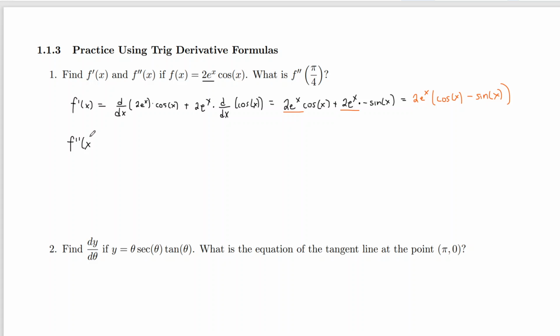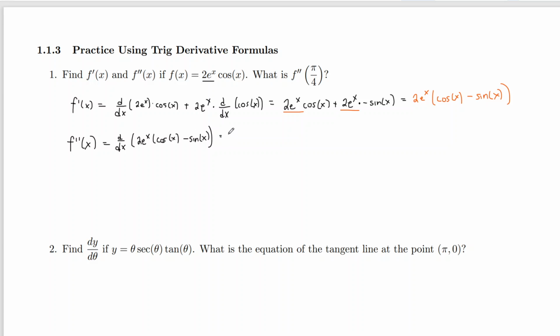That's what we want to do. Notice we want to do the derivative of the first derivative there. Let me go ahead and just write it down like I usually do. We're doing the derivative of 2e to the x times cosine of x minus sine of x. And now what do you want to do here? You should say we need to do the product rule. And you are correct. We do want to do the product rule.